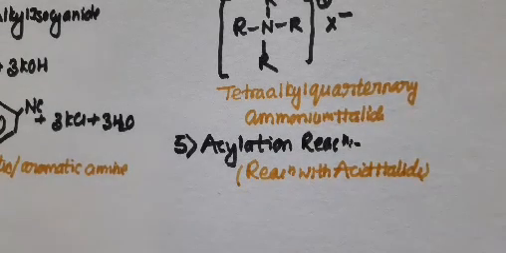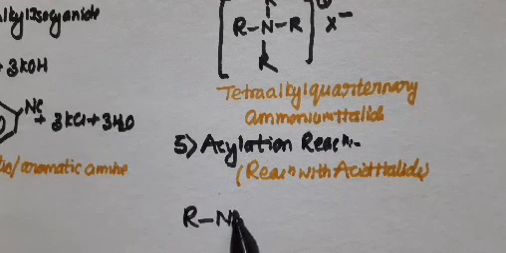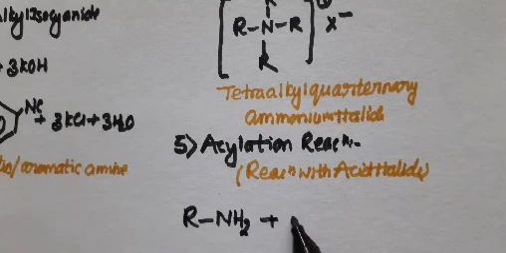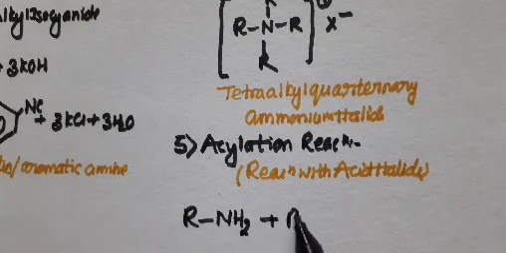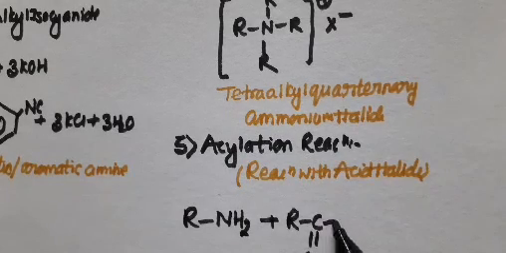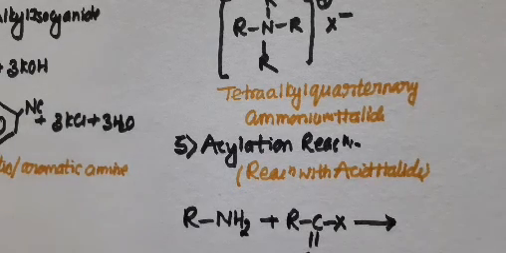I am taking acid halide for acylation. So this is RNH2 if we consider aliphatic amine, and the acid halide is RC double bond O X. This is the acyl part.